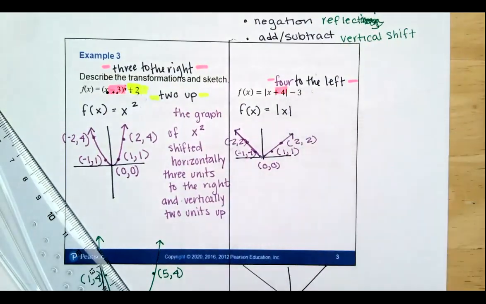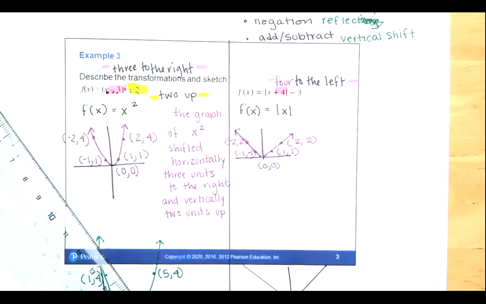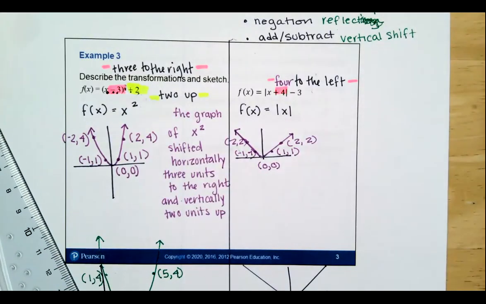Plus 4 means subtract 4 from the x. So from 0, 0, I'm going to go to negative 4, 0. From negative 1, 1, I'm going to go to negative 5, 1.